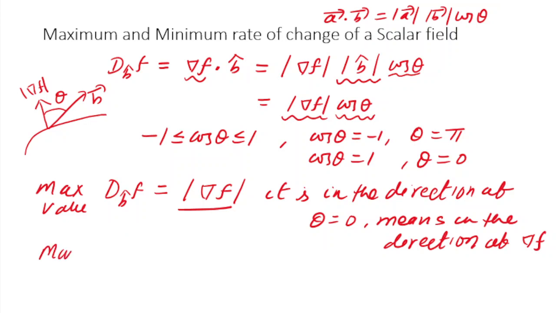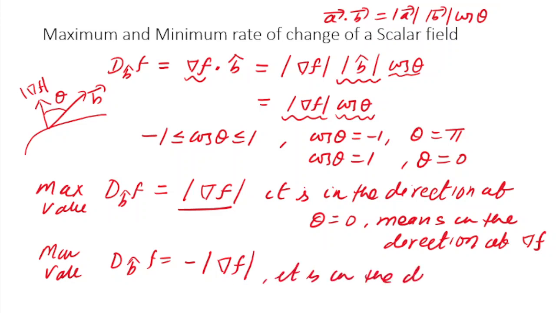And when the rate will change minimum, the minimum value of this directional derivative will be when cos theta is minimum. Cos theta minimum is -1, so it will be minus the magnitude of del f, and it is in the direction opposite to del f, because this is when theta is 180 degrees.